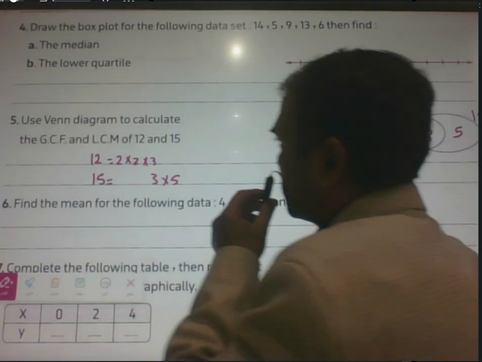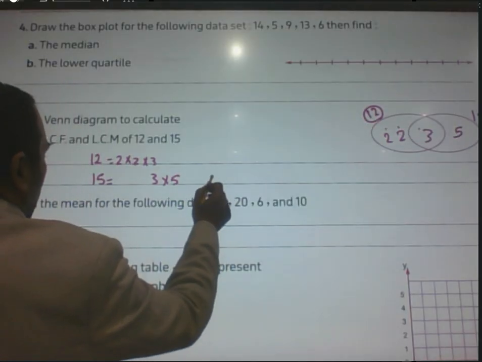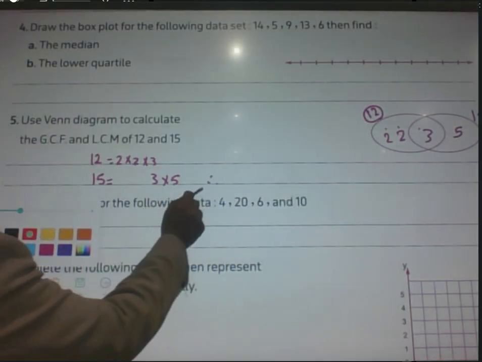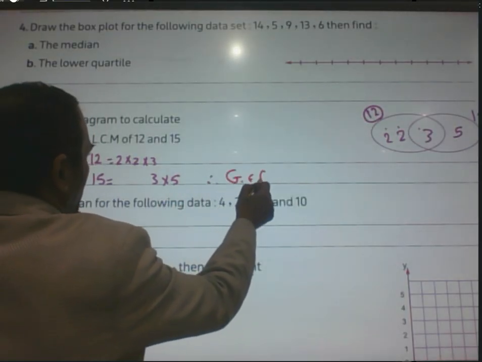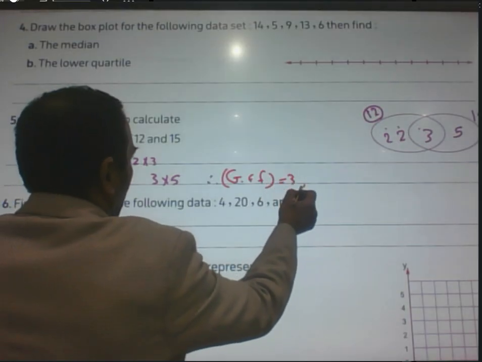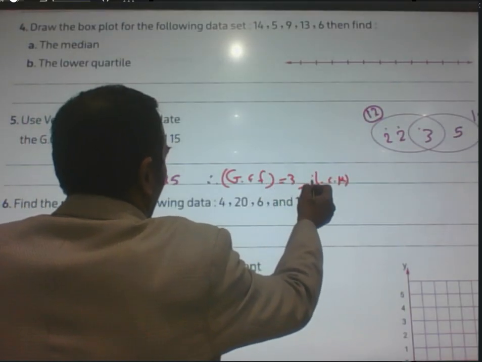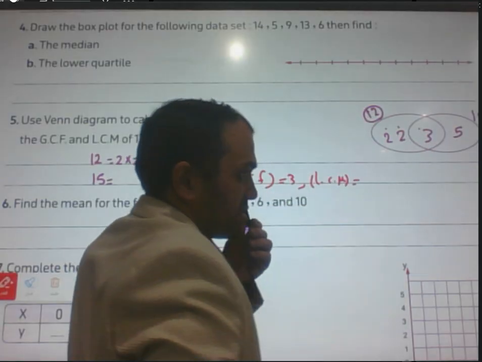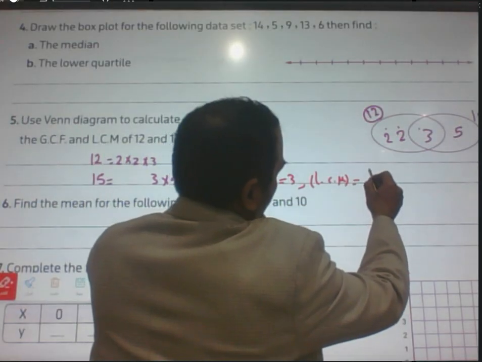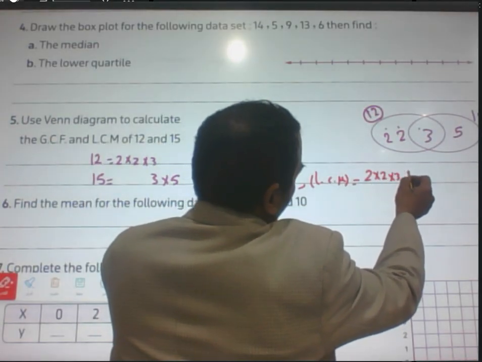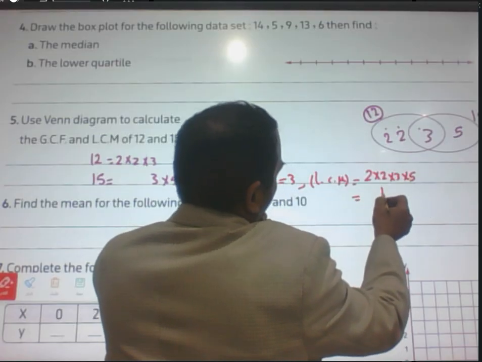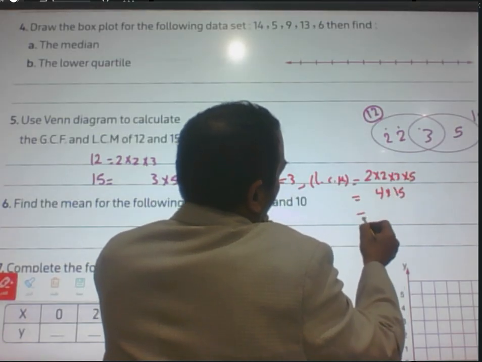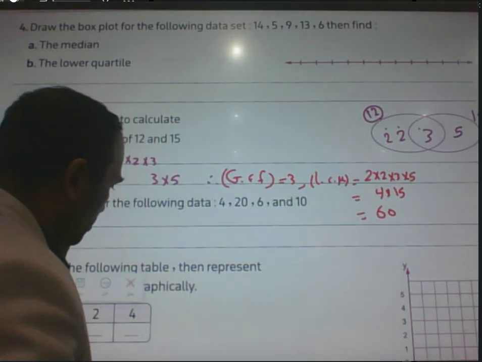Then the greatest common factor between the two numbers is 3. And the least common multiple between them, we multiply 2 times 2 times 3 times 5: 2 times 2 is 4, 3 times 5 is 15, and 4 times 15 equals 60.